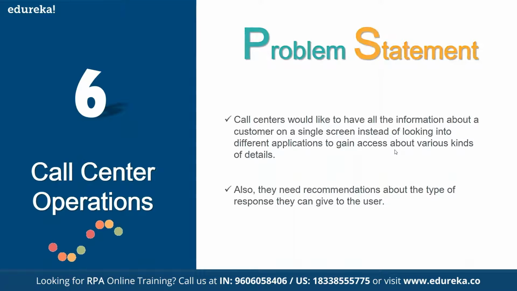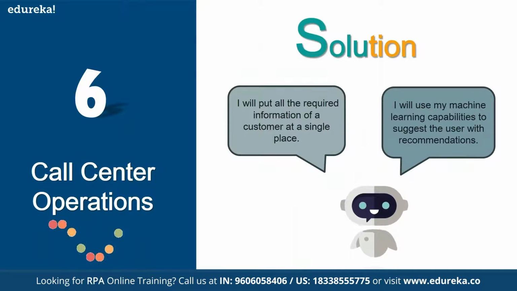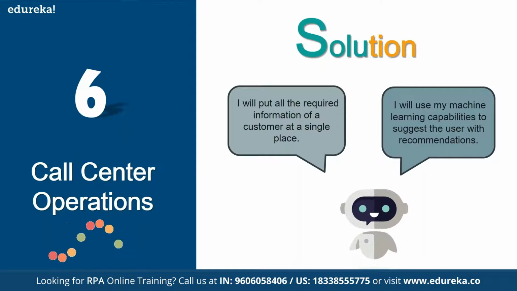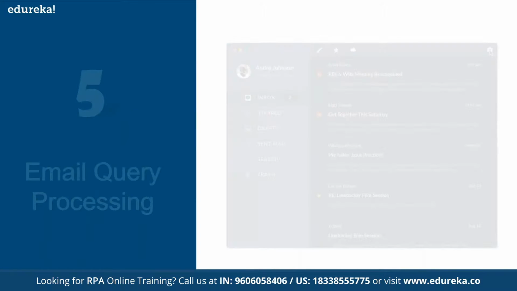Your RPA can fetch the data from different applications and flash it on a single screen so that your customer care executive can assist a customer efficiently. Your RPA is not only confined to that area, it can also give suggestions and recommendations to the customer. This is another topic. Your RPA can use machine learning capabilities to do all these things also. This is an extra thing.